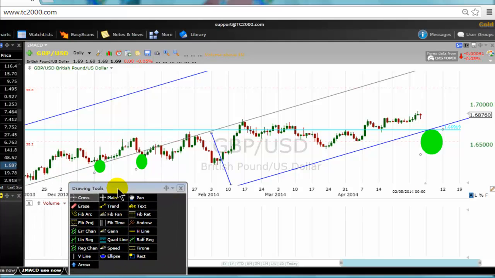We will prefer, doesn't mean that the price has to do it, we will prefer the pound dollar to come back and retest the edge of this channel. That will be beautiful for us, but it does not have to do it, and before heading back up.